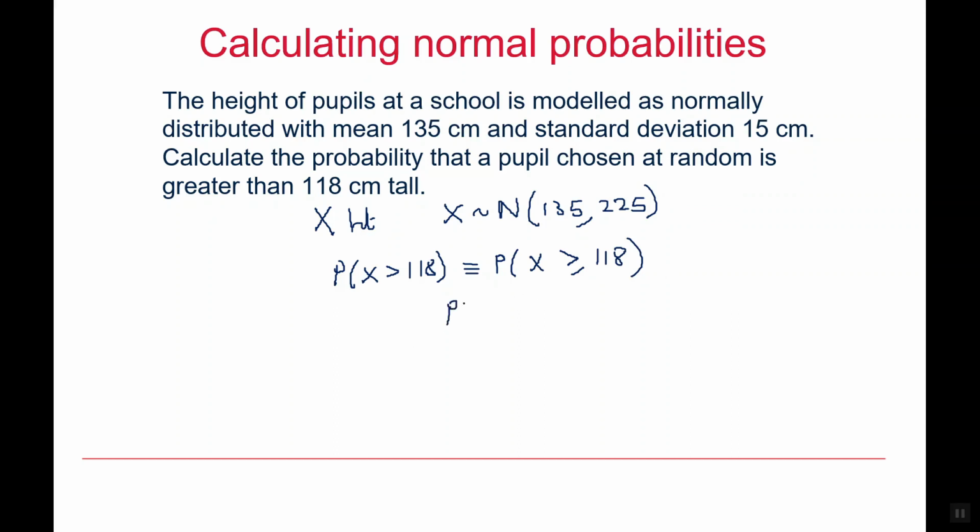It's also worth noting that the probability, for example, that a student is exactly 118 centimetres tall would be 0 in the context of a continuous random variable, and that's because 118 is simply one possible outcome from an infinite number of outcomes for a continuous distribution.